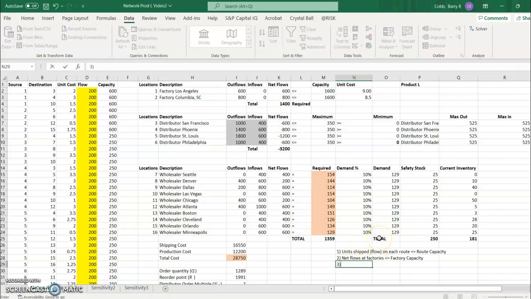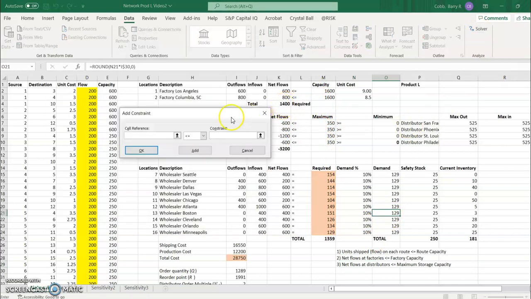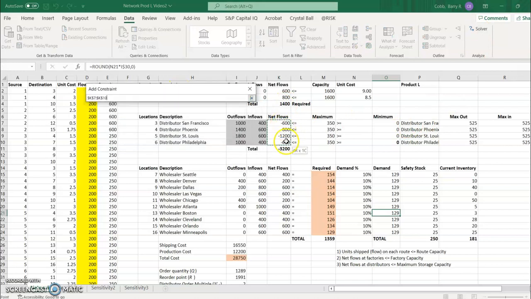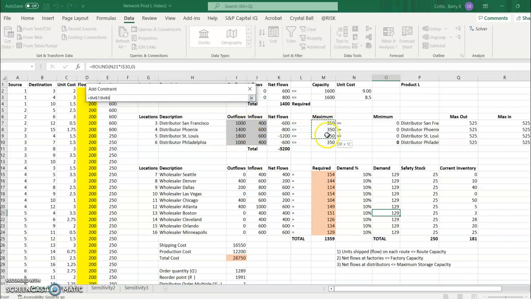Now there are some different constraints associated with the distributors. The net flows at the distributors have to be less than or equal to the maximum storage capacity at the distributors, and those are provided right here in column M. So we'll enter that one. Net flows at the distributors are less than or equal to the maximums.